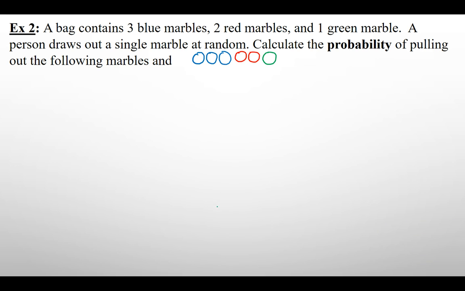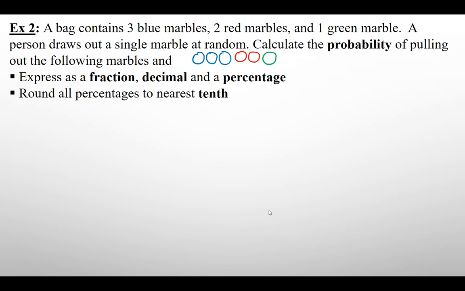Okay, a person draws out a single marble at random, and I want to calculate the probability of pulling out the following marbles and express as a fraction, decimal, and a percentage, and also round all percentages to the nearest tenth of a decimal.